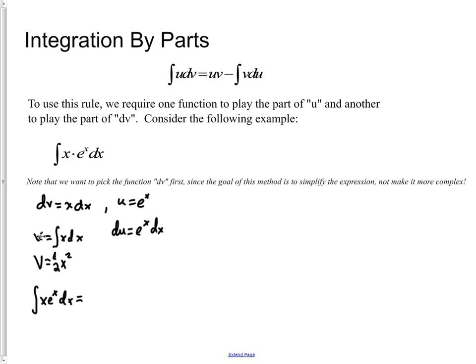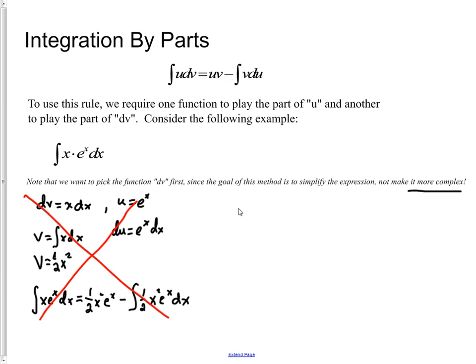So we're going to take v as 1/2 x squared, and get 1/2 x squared times e to the x minus the integral of 1/2 x squared e to the x dx. Remember what we said about not making it more complex? That's kind of complex. I hate it. We're not going to go that route.